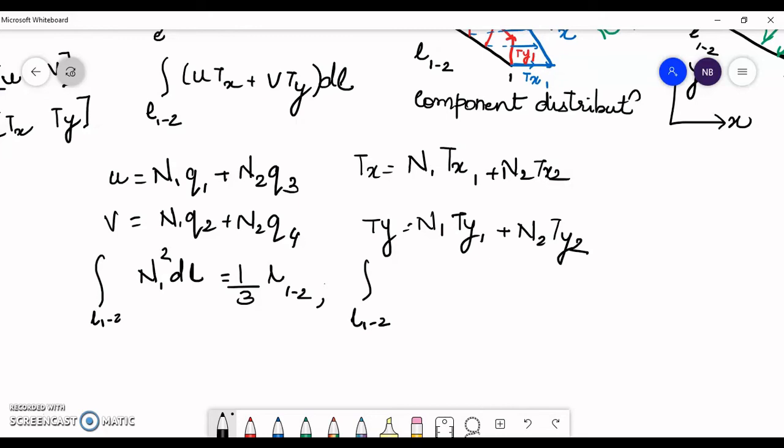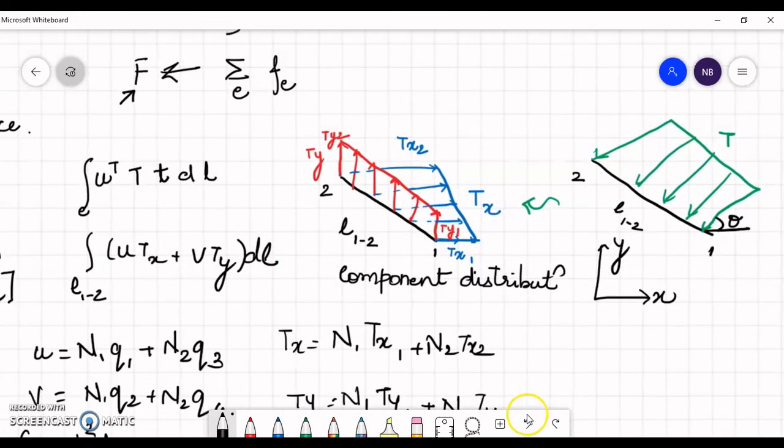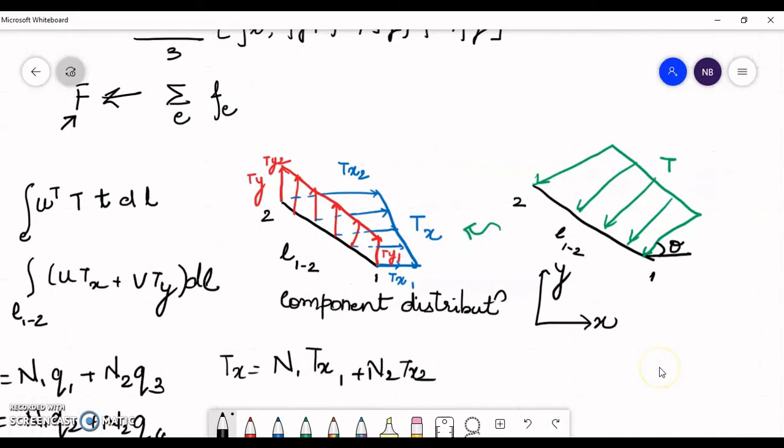Similarly, we have N2 squared dl, which is again 1/3 of L12, and integral over length 1 to 2 of N1 N2 dl is equal to 1 by 6 into L12. Now looking at this diagram here, node 1 has the coordinates x1 y1 and node 2 has the coordinates x2 y2.